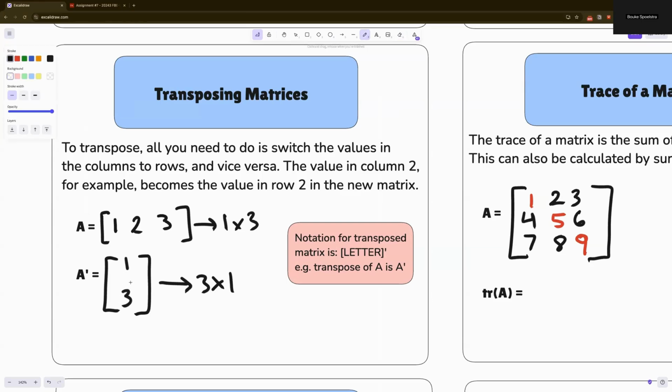That's also important to mention. If a vector has 3 columns and 1 row, this is referred to as a row vector, and if it has 3 rows and 1 column, this would be a column vector.